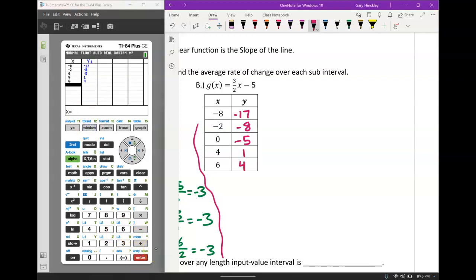All right, so let's go ahead and look at the average rate of change over each subinterval. Starting with these two. Looking at those two numbers, to save space, I'm just going to set up my difference quotient. So that'll be negative 8 minus negative 17 over negative 2 minus negative 8.